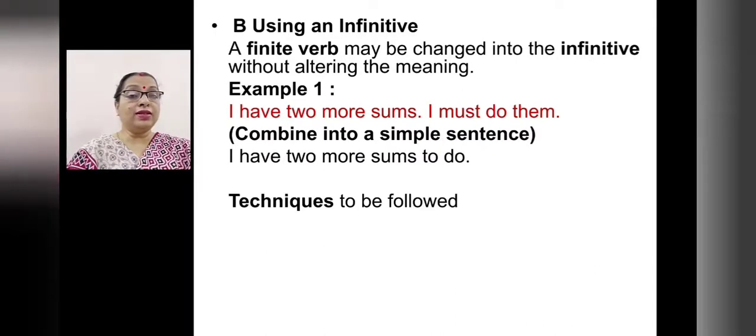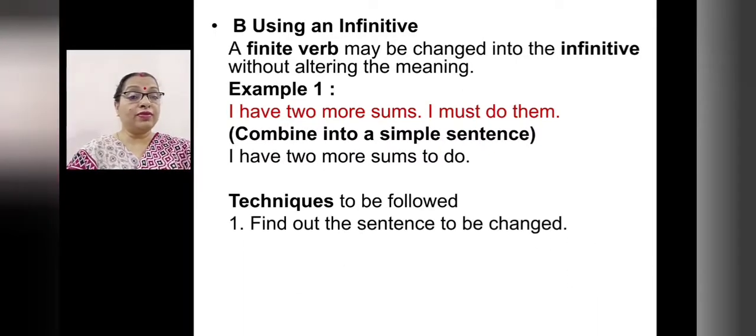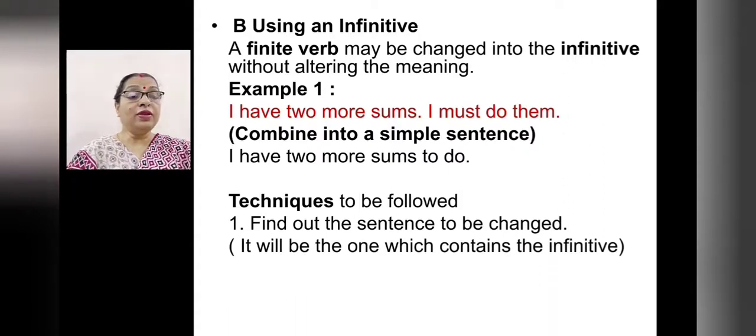So what techniques should be followed? First, find out the sentence to be changed. Two sentences were there, so you have to find out which one to change. It will be the one which contains the infinitive.